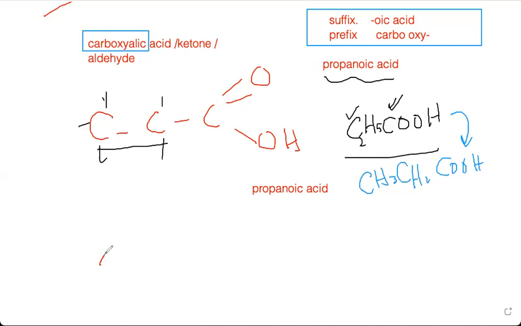Three carbons: 1, 2, 3. First carbon, second carbon and third carbon. We have to attach a double-bonded O and OH. So with this carbon, we have a double bond to O, and there is 1 bond which is OH.